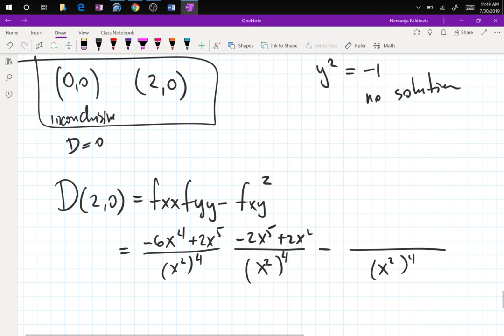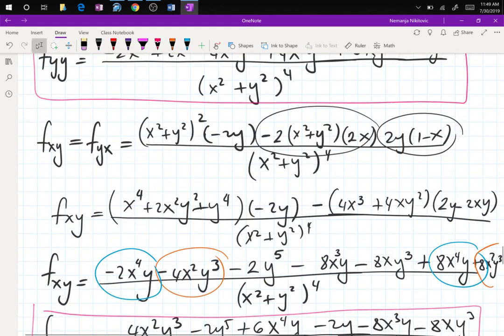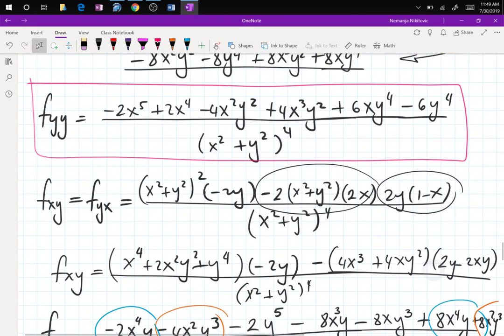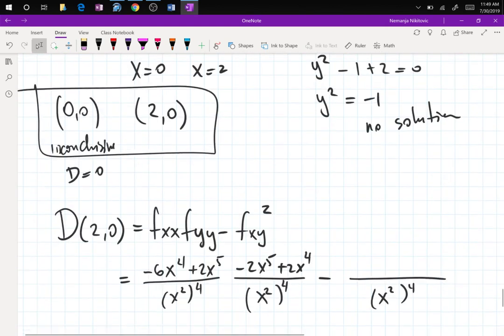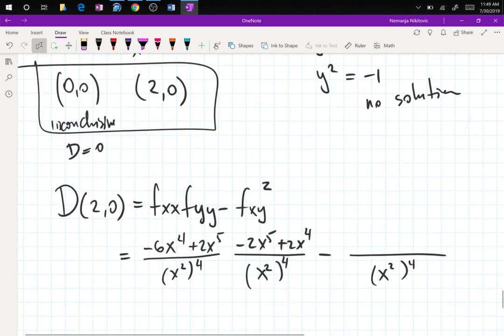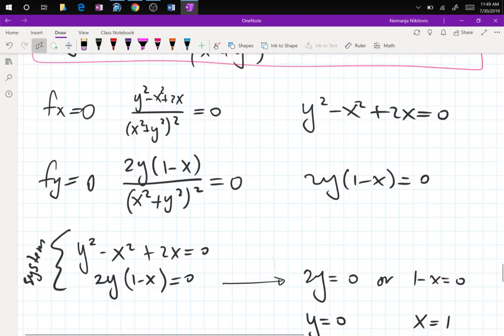I'm going to verify that. Plus 2x to the 4th, and everything else is dead. Good. And minus, the second one needs to be squared. Minus, the second one is fxy.